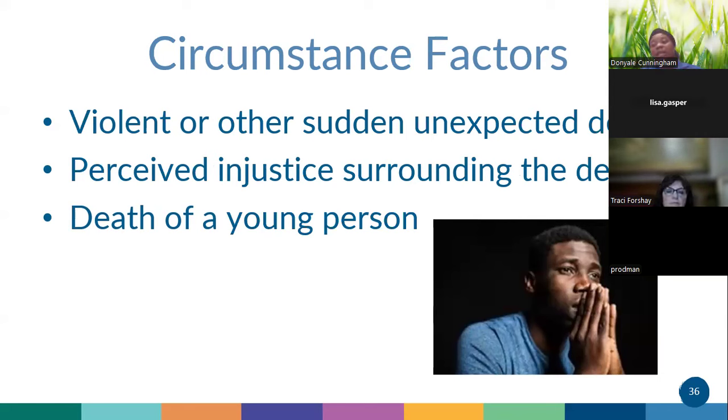Now, perceived injustice surrounding the death. This is a multidimensional concept that involves a sense of unfairness, blame, and the severity of the loss. It can have a negative impact on mental health and recovery, especially in the context of pain. And then the death of a young person is always a difficult experience.